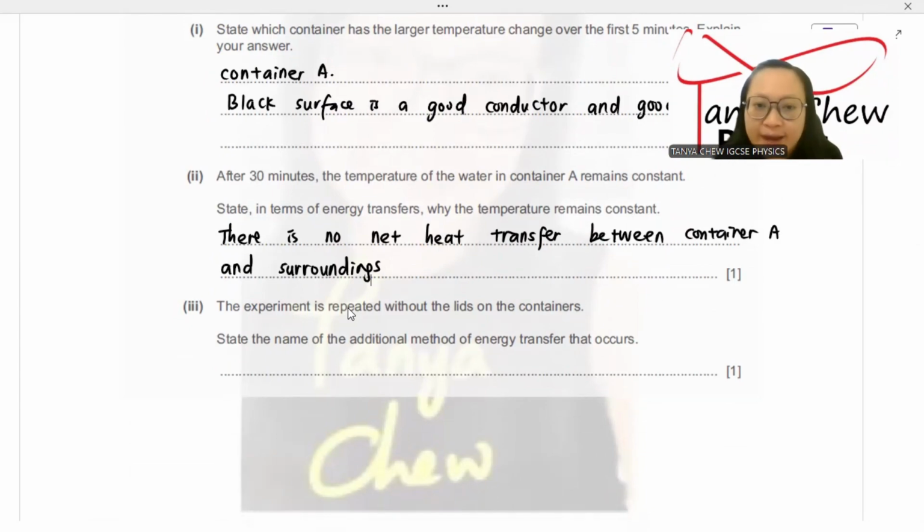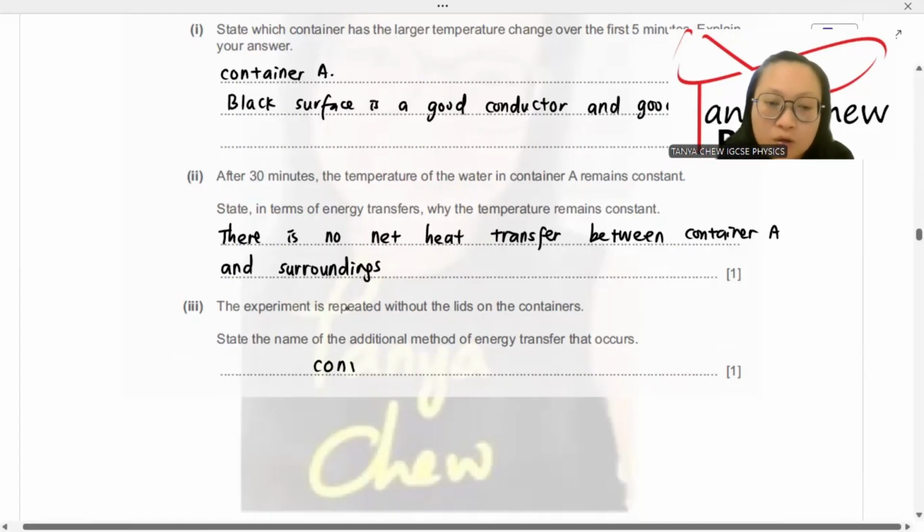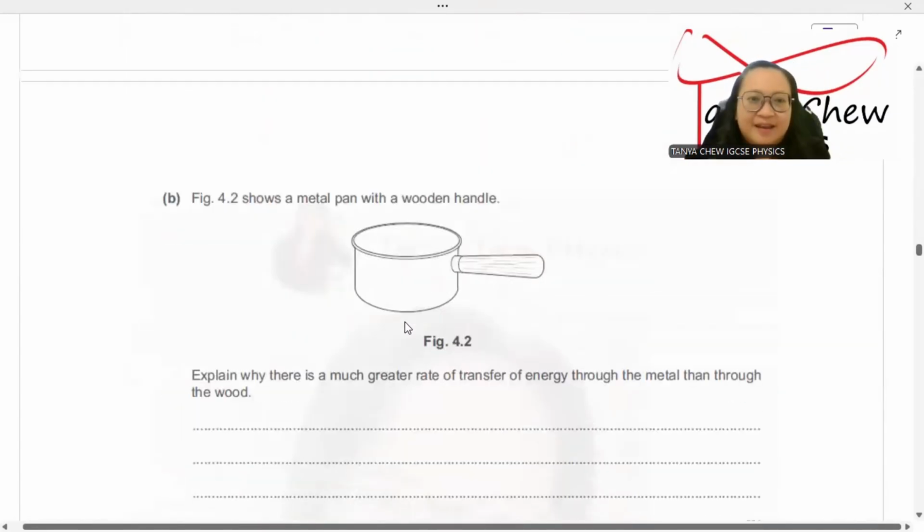So the additional method is that some of the water will be evaporated, changing state to become gas, so it will cause the hotter gas molecules to move outwards and be replaced by the colder air molecules. So this method is called convection.